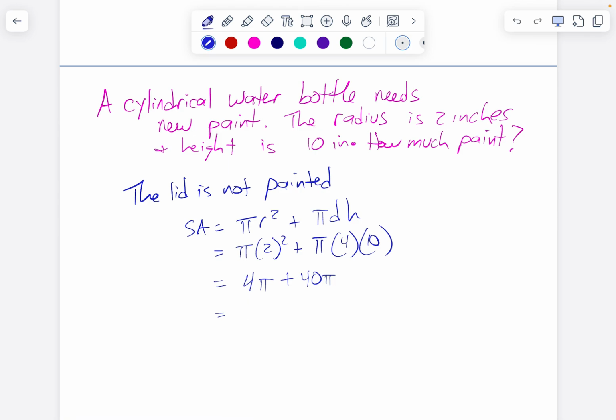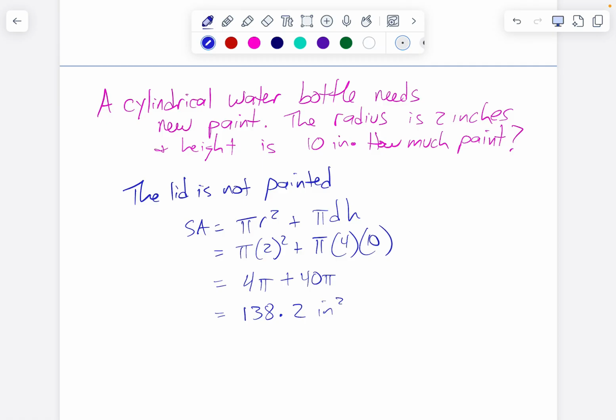What's 44 times 3.14? Forty-four times 3.14. Okay, so 138.2 or so square inches.